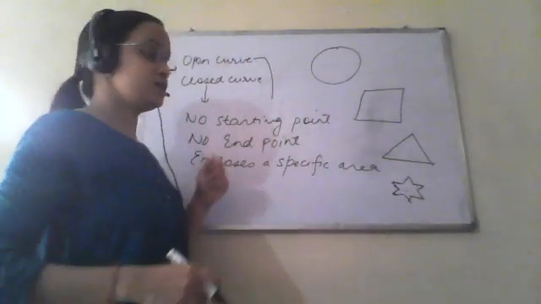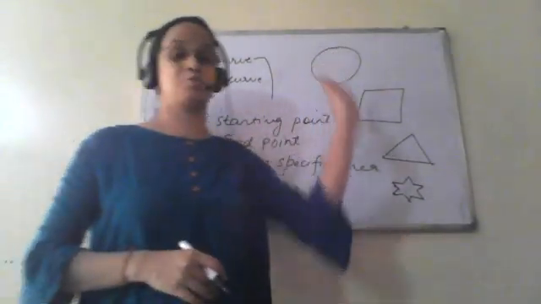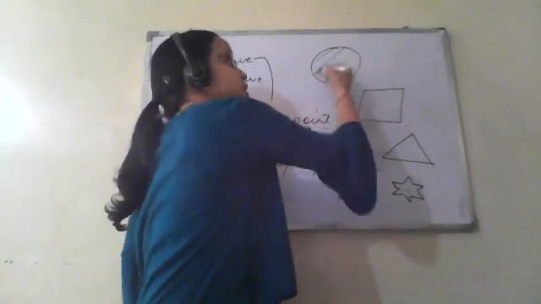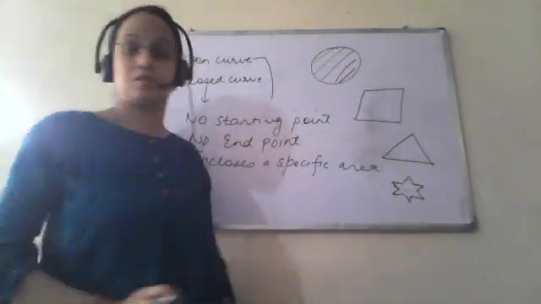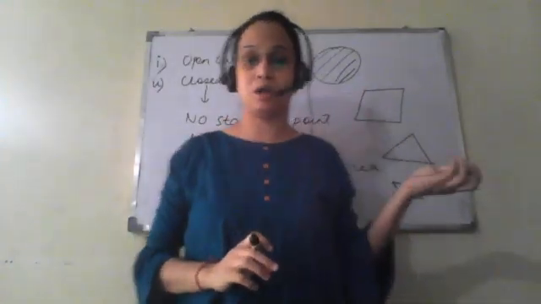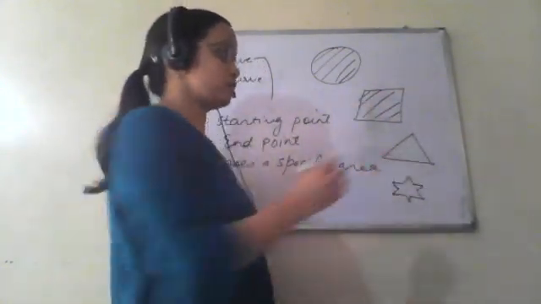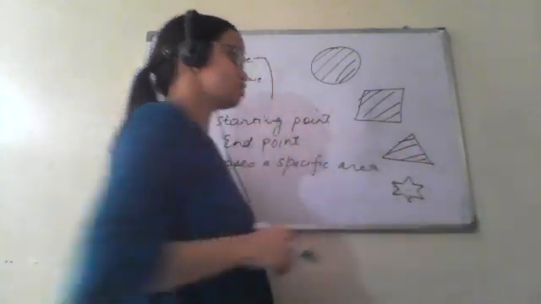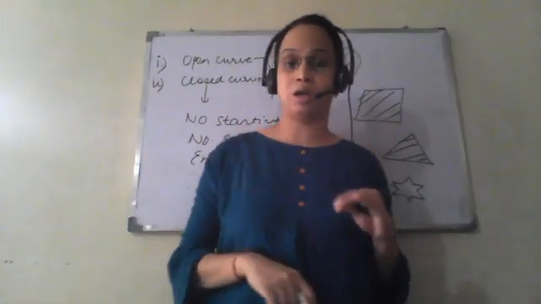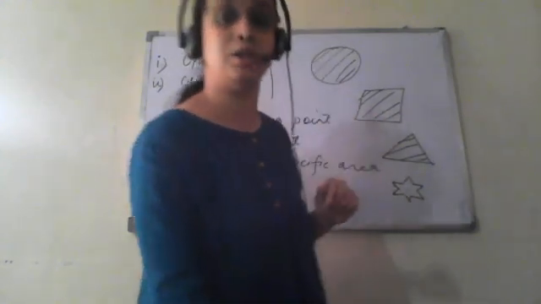If we consider these shapes, can we identify where the starting point or the end point is? No, there is no specific starting or end point, and it encloses a specific area. This is the area enclosed by this circle. For this figure too, we cannot identify the initial point or the end point, and it encloses this area. So closed curves are those which do not have any specific starting or end point, and they enclose a specific area within their boundary.